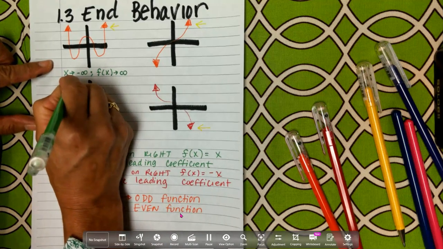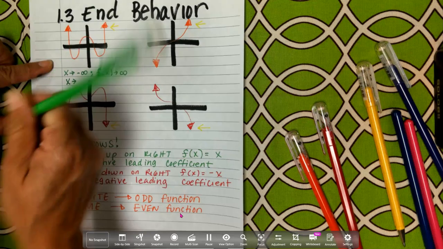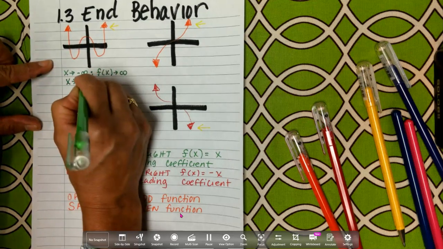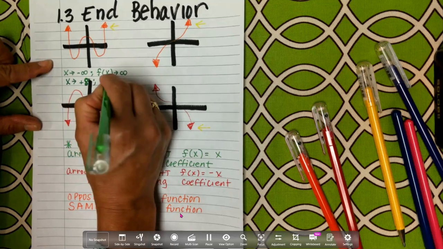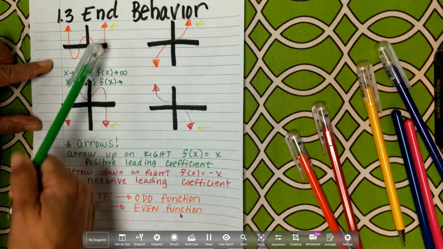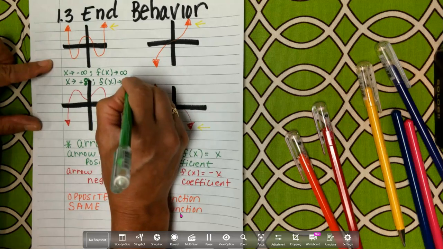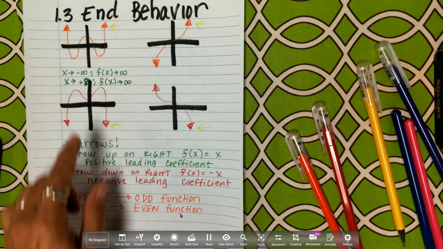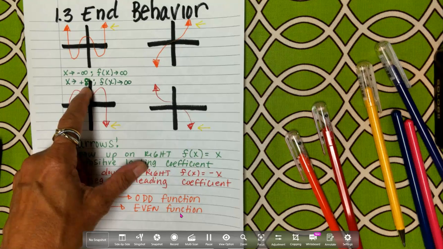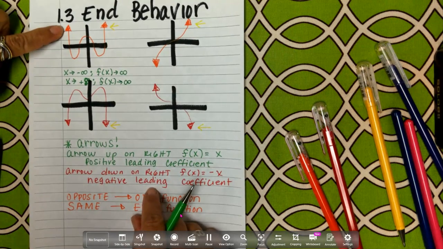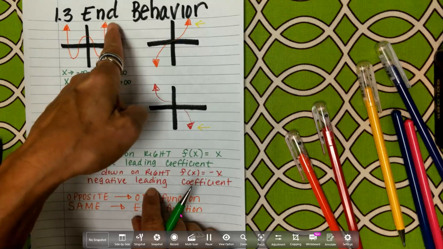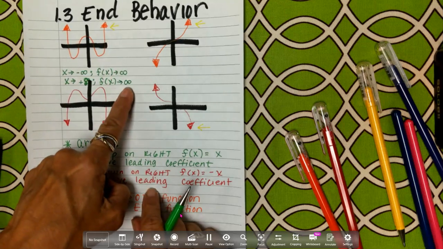As my inputs get bigger over here, so do my outputs. So this is also approaching positive infinity. And remember, that is an infinity symbol. I'm going to make that cleaner on the PDF that I'm loading. All right, so left arrow's going up. Positive outputs, positive inputs.